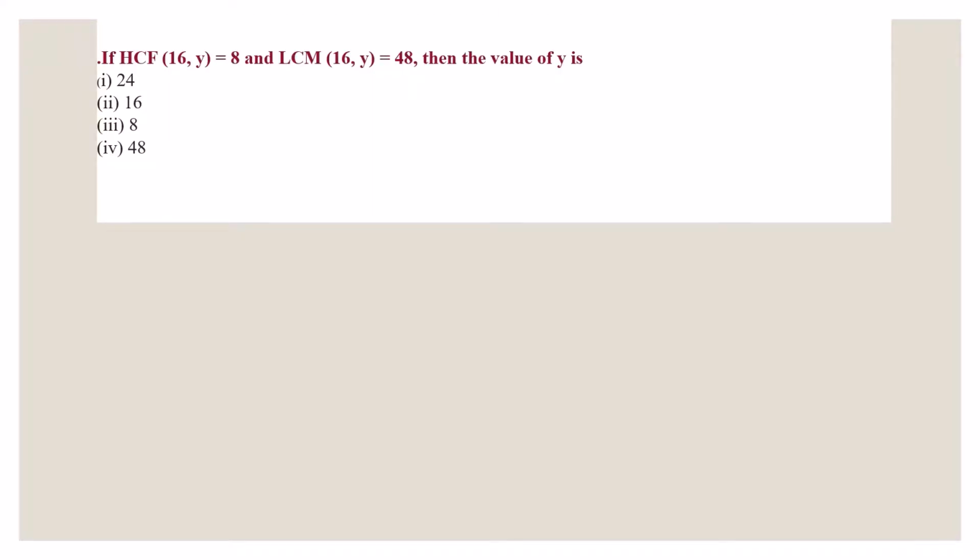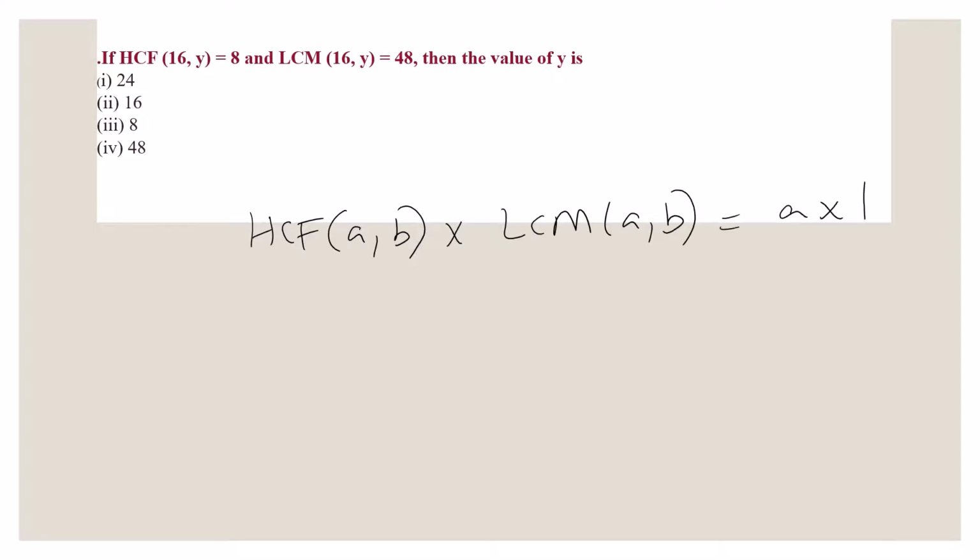Okay. If the HCF of 16 and y is equal to 8 and the LCM of 16 and y is equal to 48, then the value of y is. To solve this question, you should know that the HCF of two numbers a and b into the LCM of the two numbers is equal to the product of the two numbers.